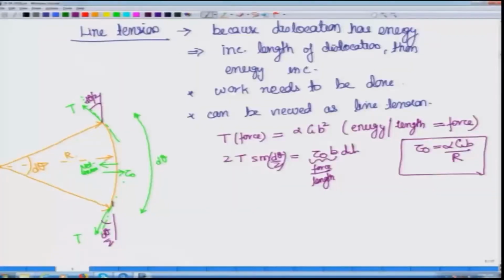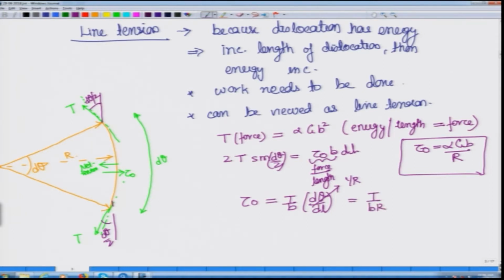Okay, so hopefully you have tried to get this relation. If not, let us see what we need to do. It is a very straightforward thing from this point onwards. When you have this relation, T by B d theta by dl, the only additional information you need is that d theta by dl becomes 1 over r, and therefore this becomes T by B r.